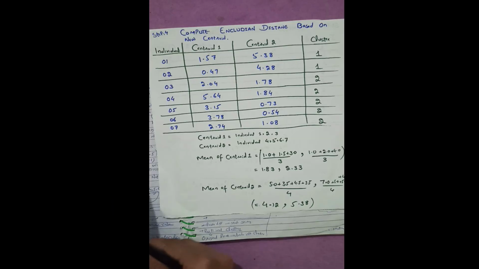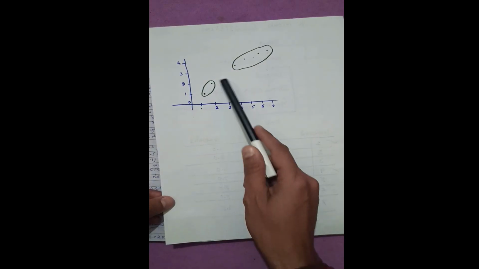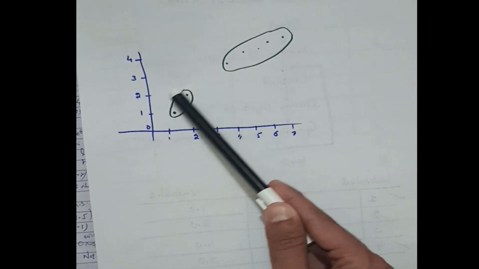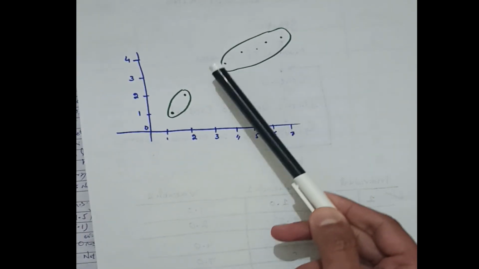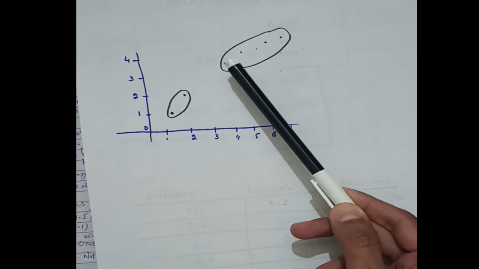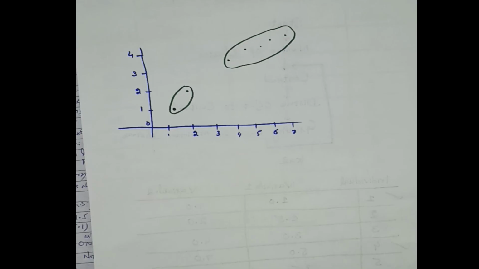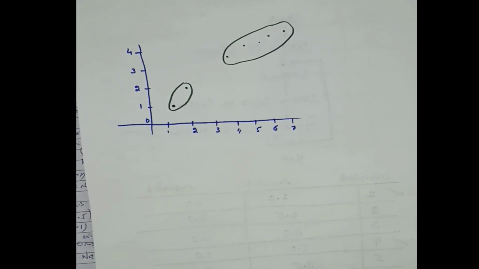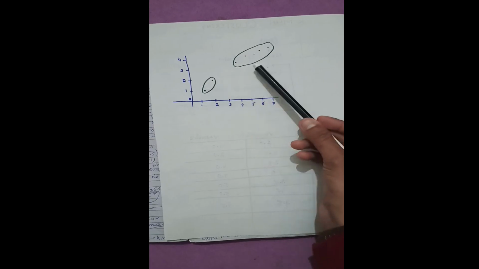Okay, so after computing, or graphically if I represent it, these are the two clusters. The first cluster contains only two values, individuals 1 and 2, and the second cluster contains the other values, that is 3, 4, 5, 6 and 7, five values, sorry. So this is how the k-means algorithm works. And if you repeat all these steps, you will see that the cluster values remain the same.